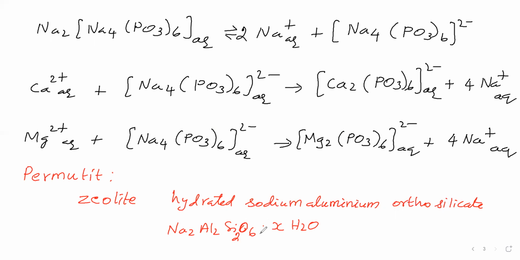Na2Al2Si2O6.xH2O. Okay. How to prepare this permutit, this artificial zeolite? That we'll see. Now we will take soda ash. Soda ash contains sodium carbonate Na2CO3. Sand, formula silica SiO2. Alumina Al2O3.